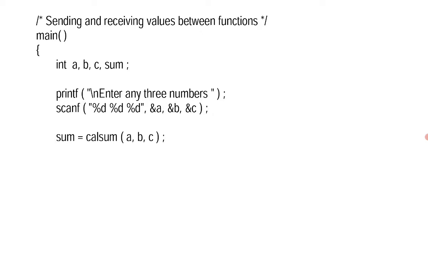Local variables are available within a function or main program only, whereas global variables are accessible from anywhere in a program.